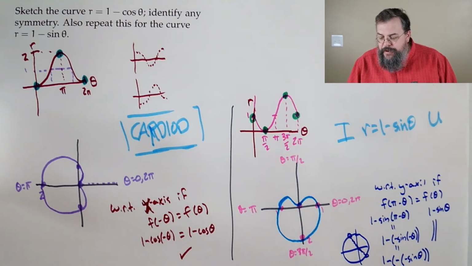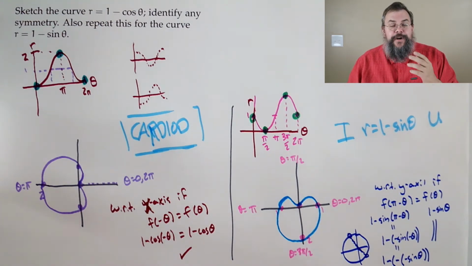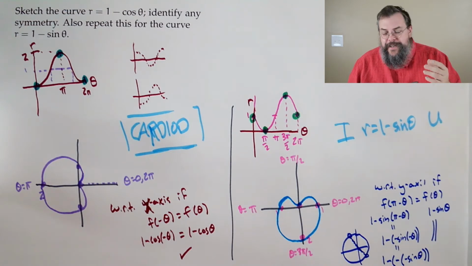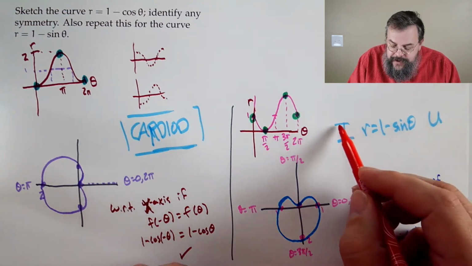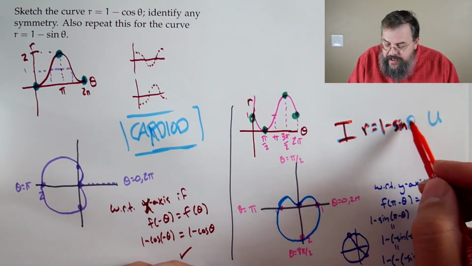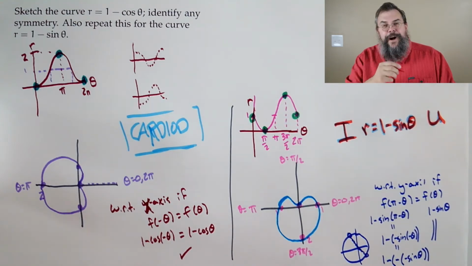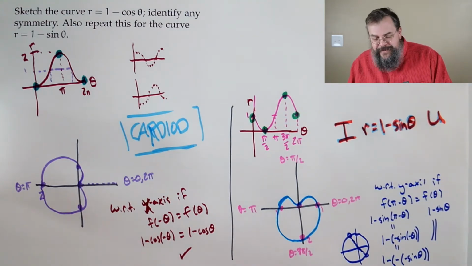So that's what I put, and I'll tell you, eventually, I married her. So it works. So try it out, and if you succeed, let me know. And so r equals 1 minus sine theta, u. That's right. I love you. All of my students. We love all of our students.